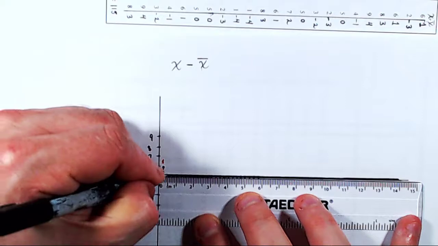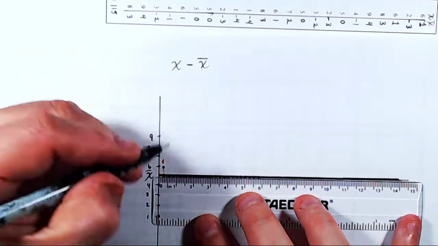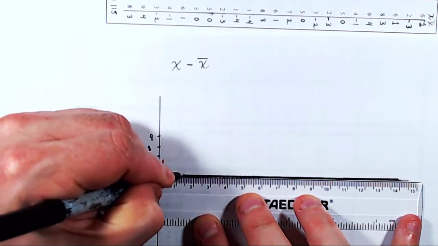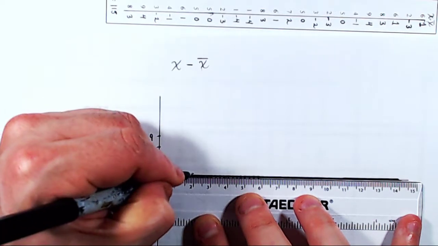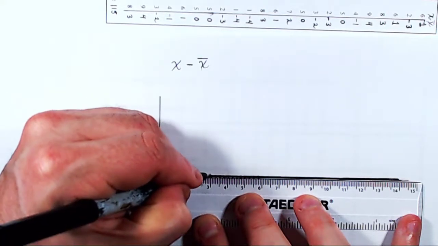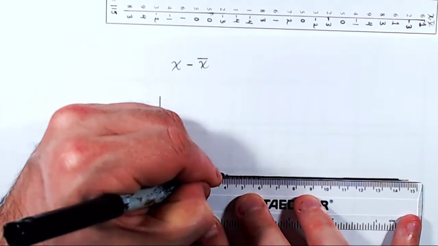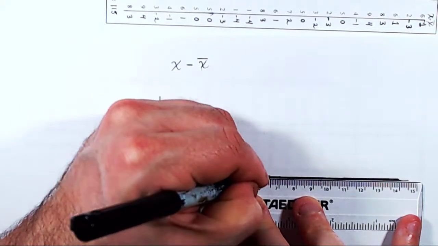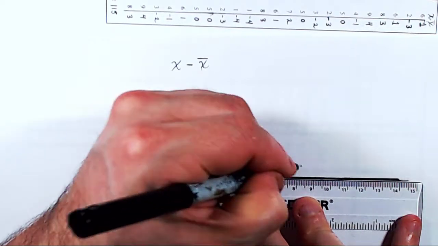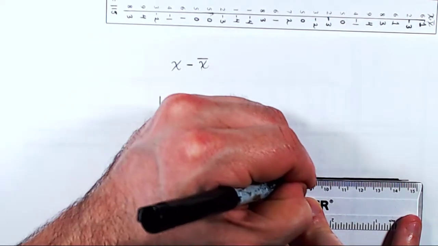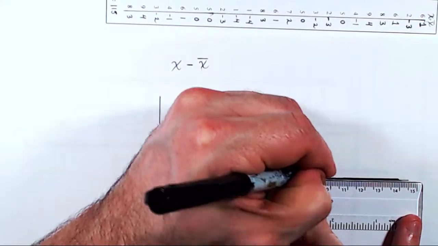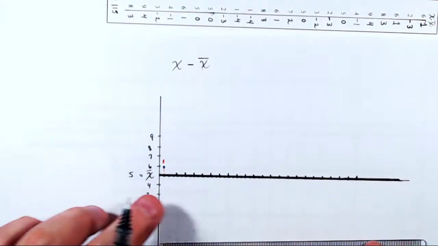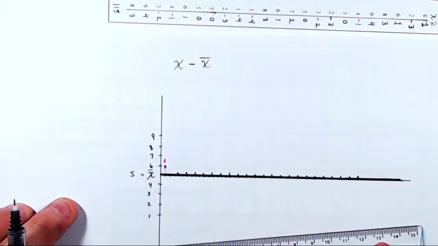Then I'll call this 3, 6, 7, 16, 17. I've really just given myself more room to work.